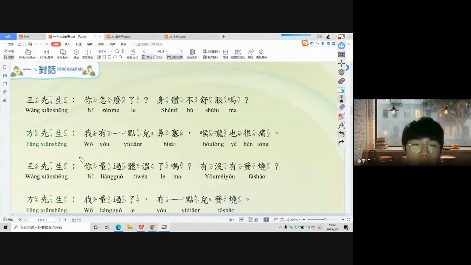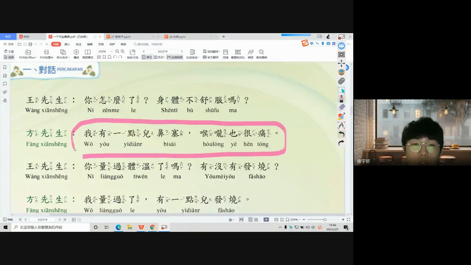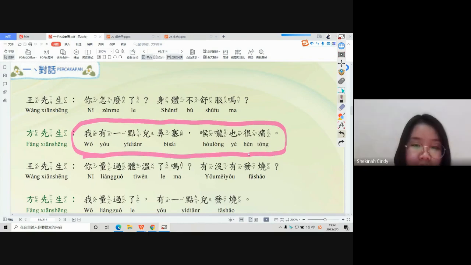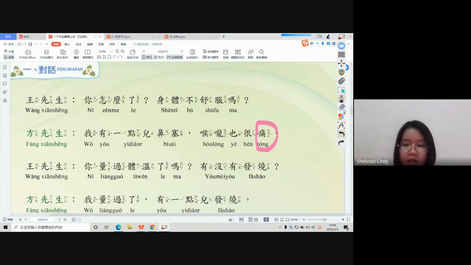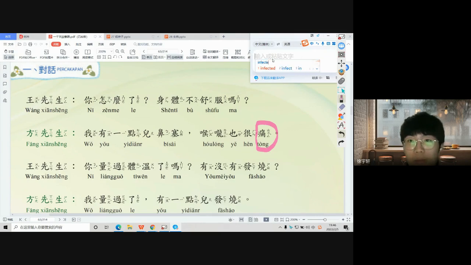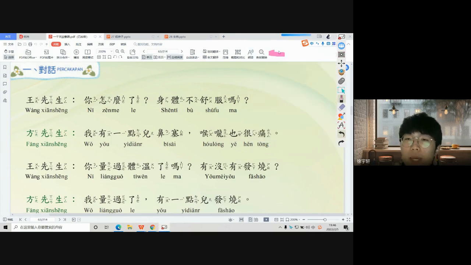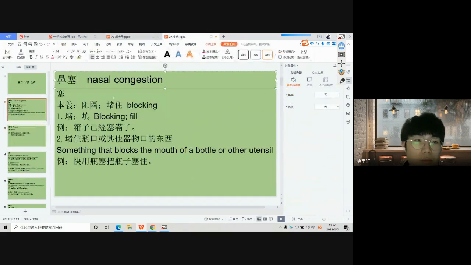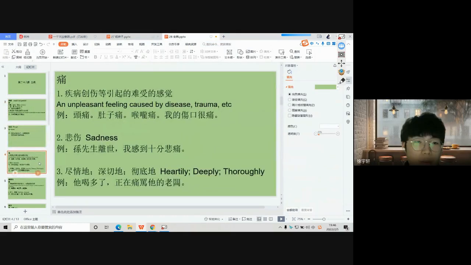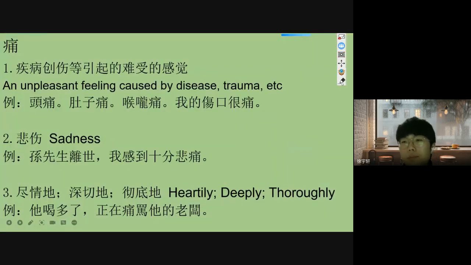Can you understand this sentence, or do you still have some questions? Maybe 痛. 痛 is infected, right? 痛 is not infected. It means pain, it hurts. 痛 here has three different meanings.